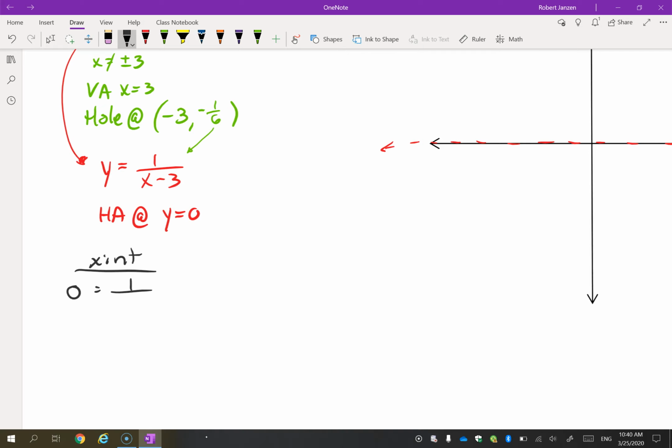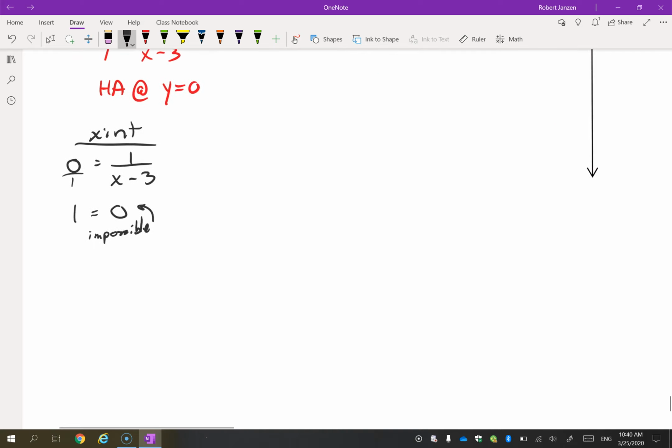Whenever there's a hole and you cancel something out, don't use that to graph. Okay, so we have x minus 3. So cross multiplying, I get 1 equals 0. When does 1 equal 0? Well, this is impossible. If you have something like this where 1 equals 0, something that's not true, this means no x-intercepts.